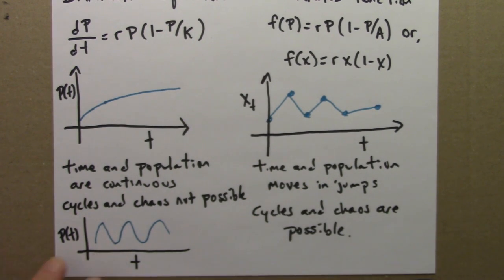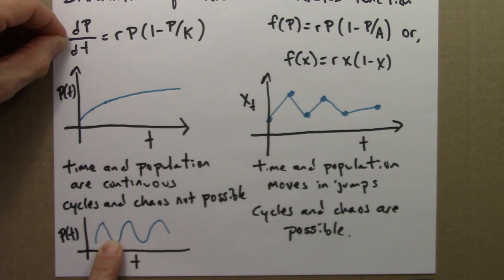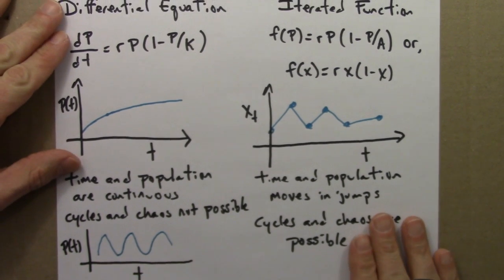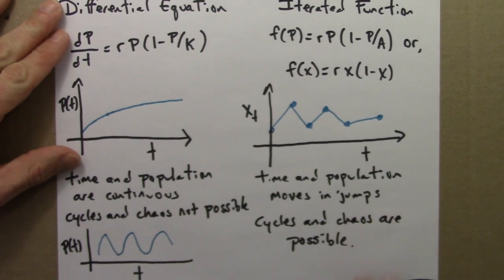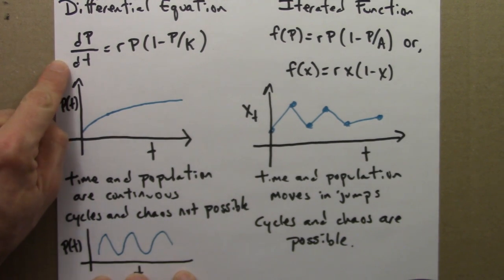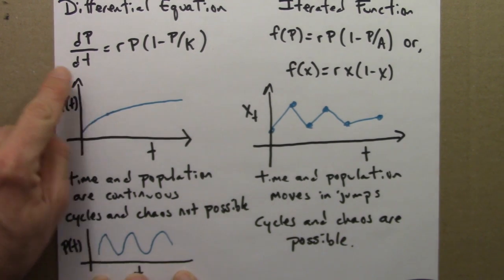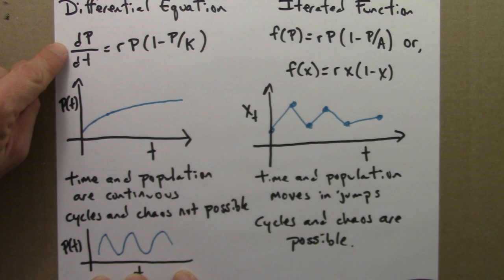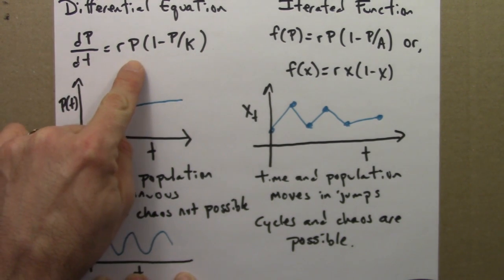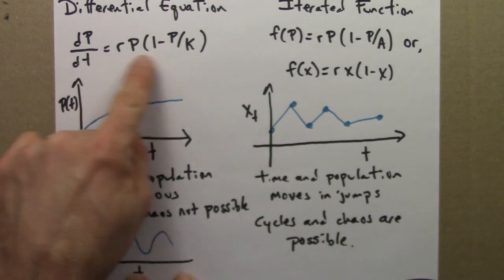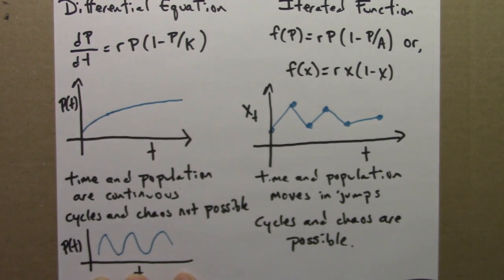We can eliminate this possibility by appealing to the determinism of this equation. This equation says that the derivative, the growth rate, the rate of change of the population depends only on the population and r and K, but we're imagining that those are fixed.